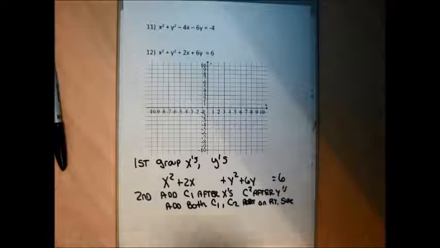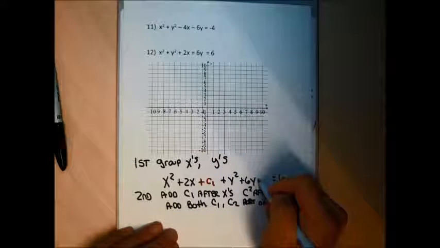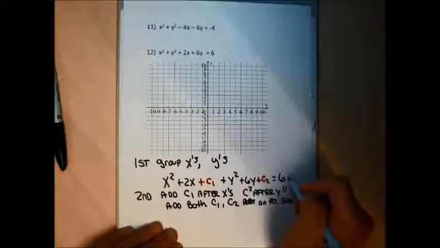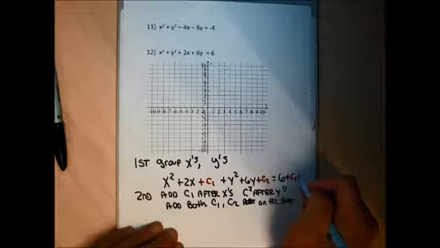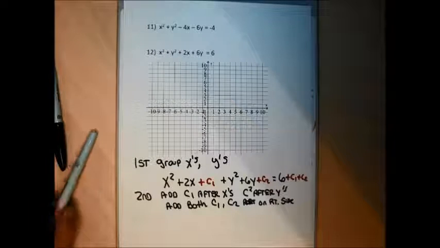And eventually I'll replace those with a number. So after the x's, I'm adding the first constant. After the y's, I'm adding the second constant. And to keep my equation balanced, I'm going to do it to the other side, meaning adding C1 and C2.